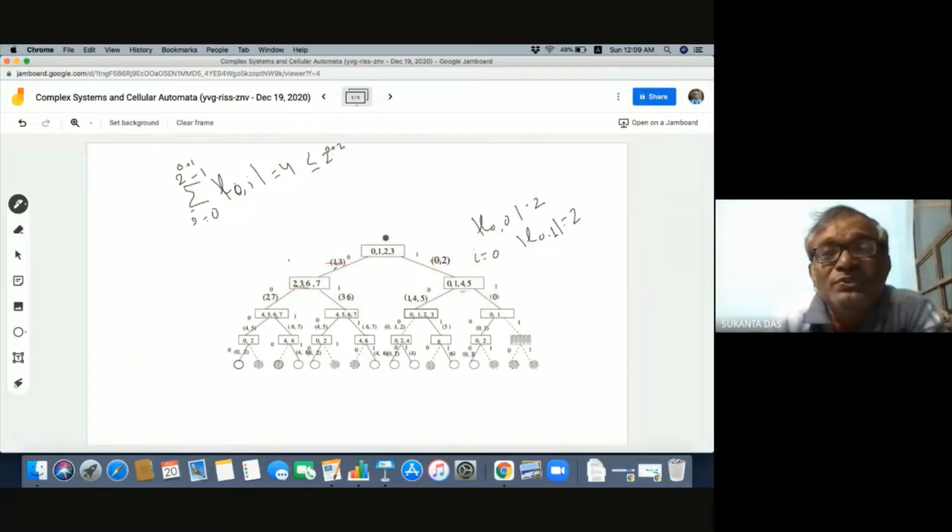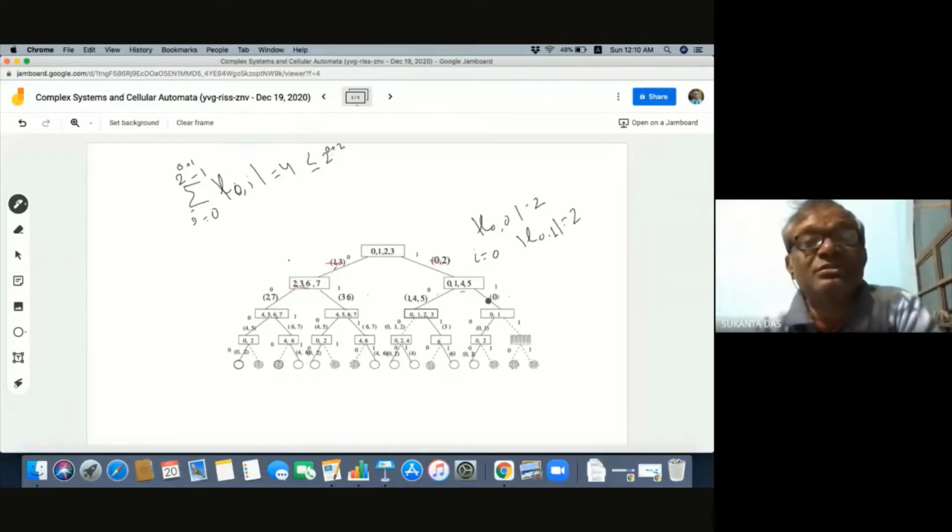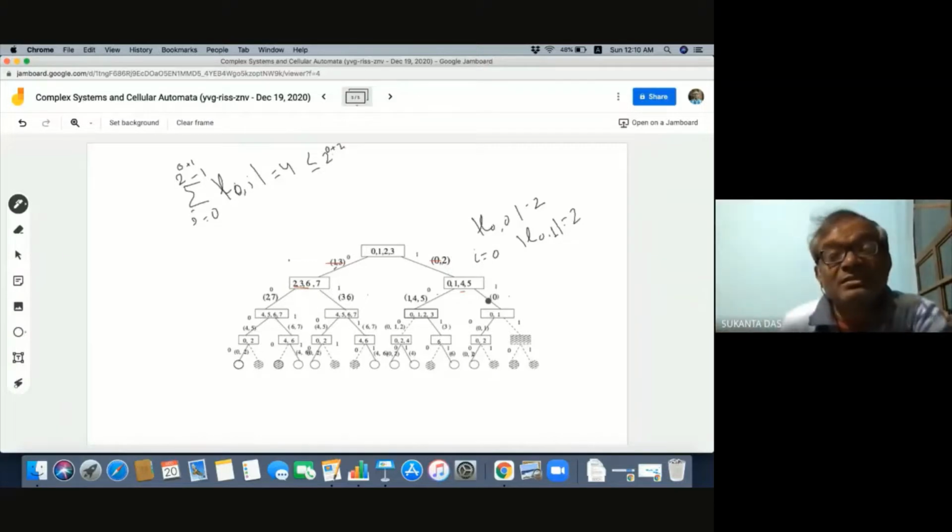Now from these 4 RMTs, how many RMTs can I get here? 1, 2, 3, 4, 5, 6, 7, 8. 8 RMTs. So it is doubled each time, so it's the maximum limit, the upper limit. Sometimes it becomes less.